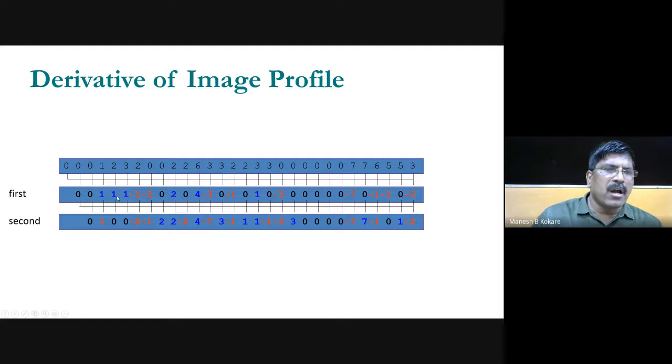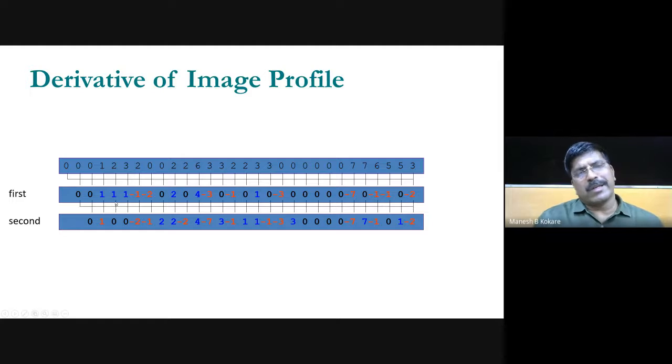But if you look at the second derivative, the second derivative is 0 if there is a constant slope. What is the slope here? 1. Here, what is the slope? It is also 1. That is 2 minus 1 is 1. 3 minus 2 is also 1. So the first derivative is nothing but the slope. So this is constant. If a constant slope is there, it will give you the 0 value in the case of the second derivative and so on.